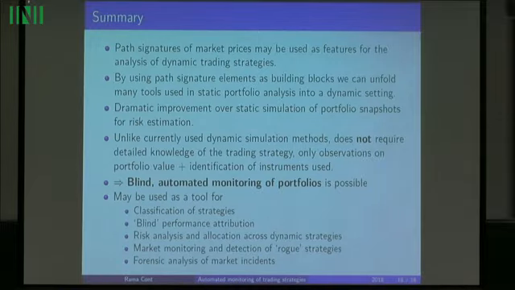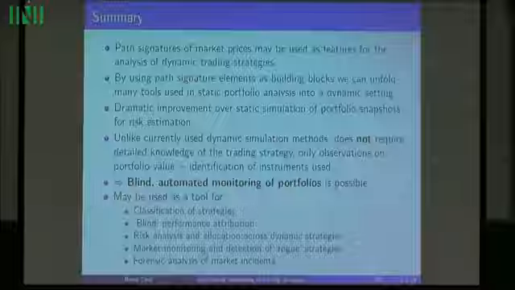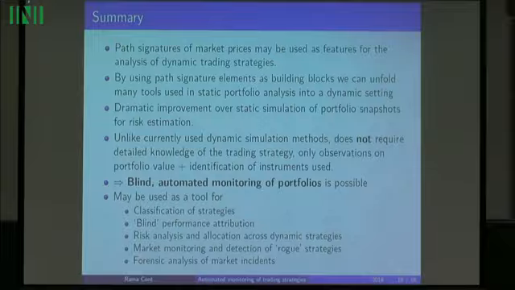You can deploy them now in a dynamic setting, but you have to, at this extra cost of unfolding your portfolio into viewing your portfolio now as a functional on this large sequence of features that are the components of the path signature.